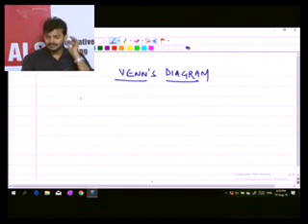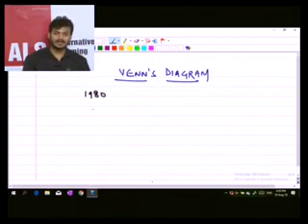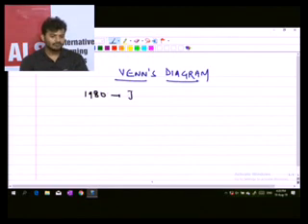In the earlier age, it was about 1980, not that far back, there was a scientist named John Venn.